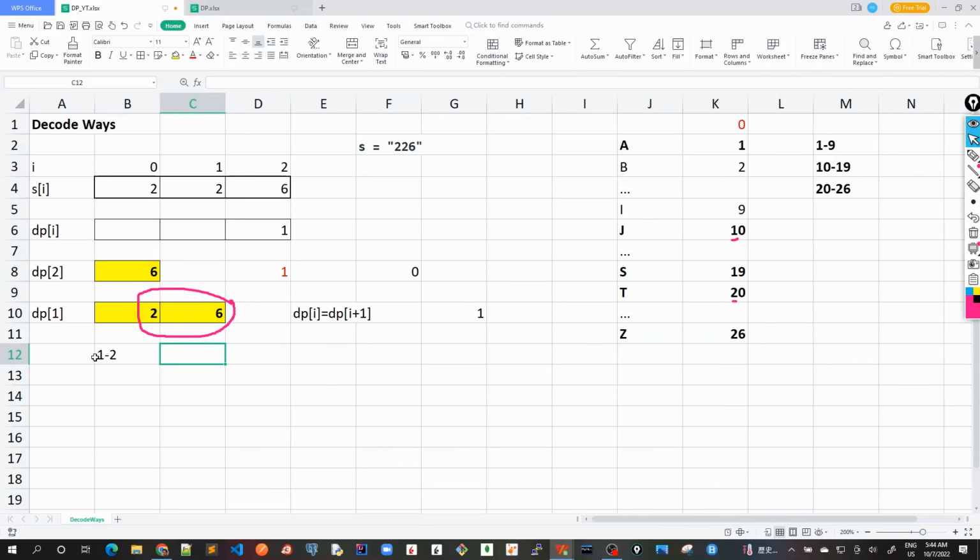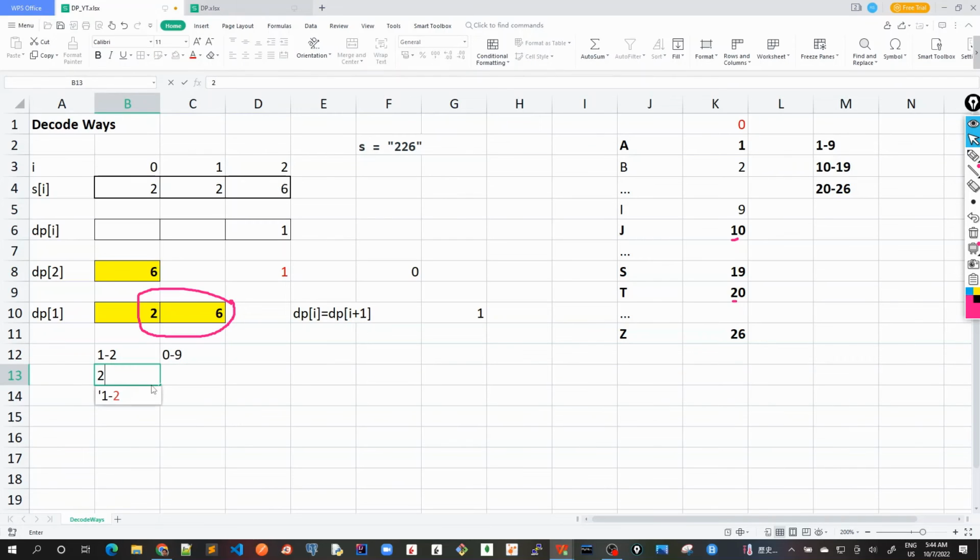Once we have this 1 or 2: if it's 1, then the ones unit can be 0 to 9, right? Because the range is from 10 to 19. So once we have this as 1, it's possible to have any digit from 0 to 9, all valid, and it will be counted as one count of decoding ways.